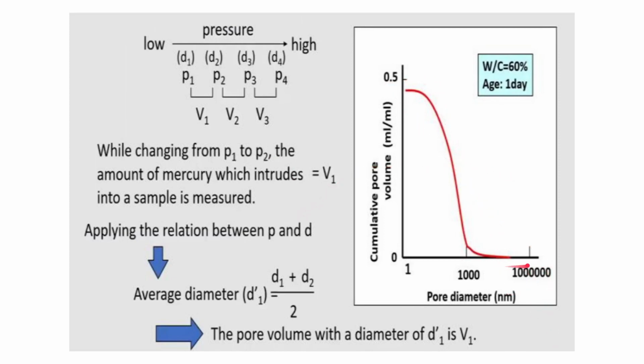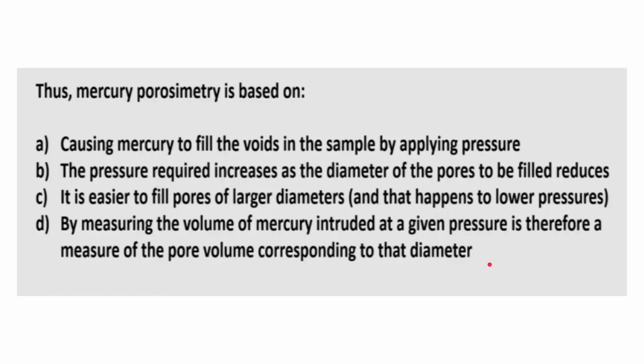And as you can see, as the pore diameter reduces, the cumulative pore volume increases, because as the diameter decreases, the force increases. So the more the mercury pressure increases, the more is the cumulative pore volume. So that is the relation all about. Therefore we can say that mercury porosimetry is based on causing mercury to fill the voids in the sample by pressure application.